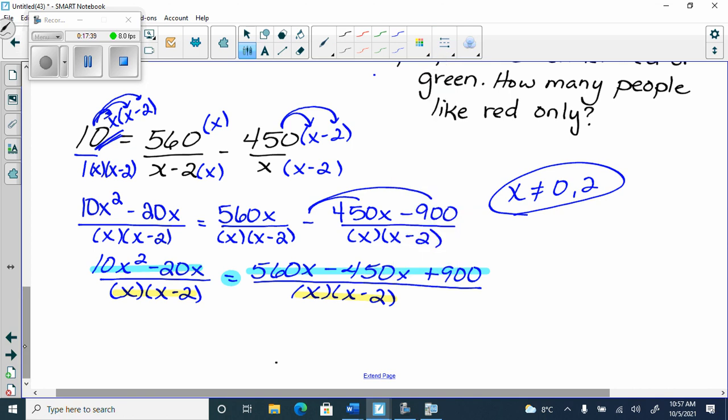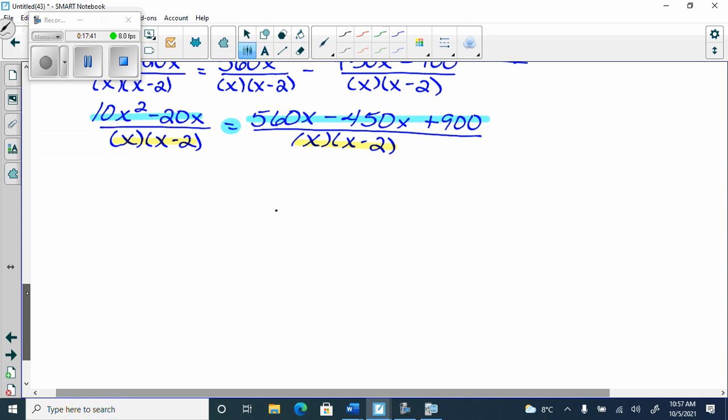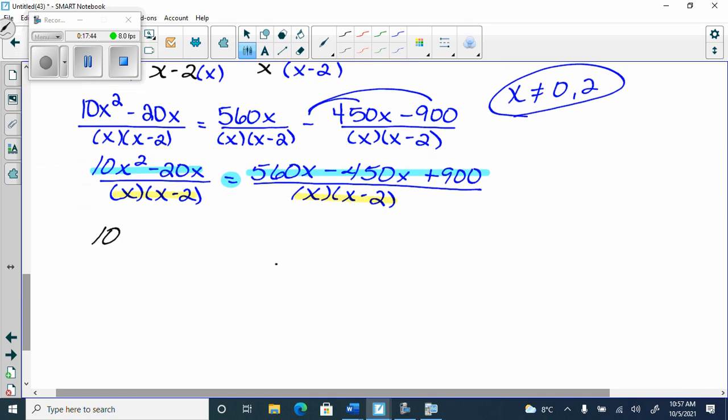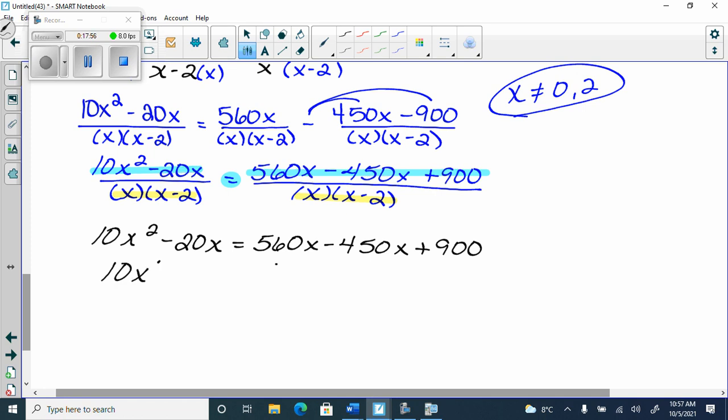So I'm going to get 10x squared minus 20x equals 560x minus 450x plus 900. So 10x squared minus 20x equals 560 minus 450, which is 90x, plus 900.